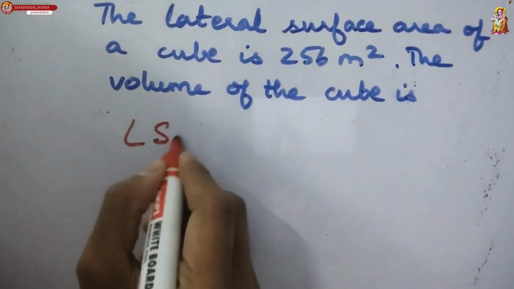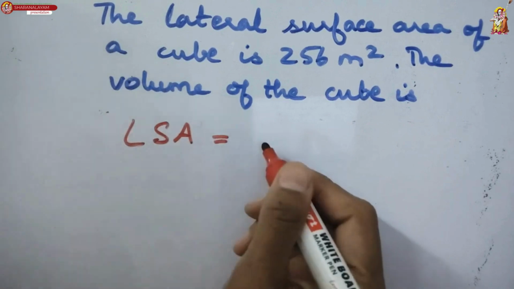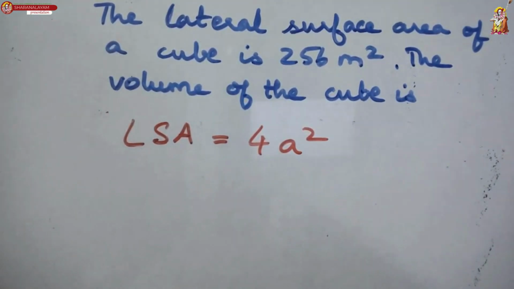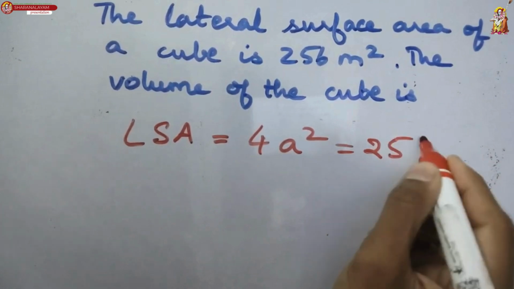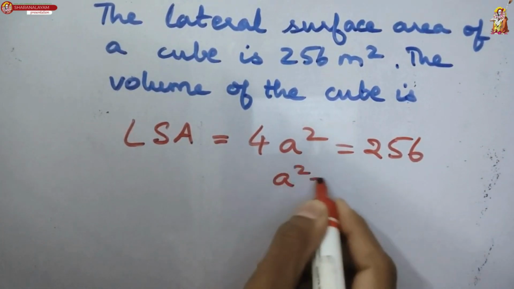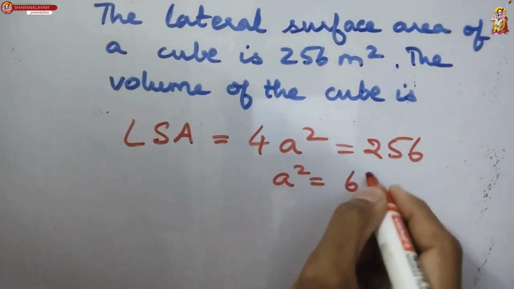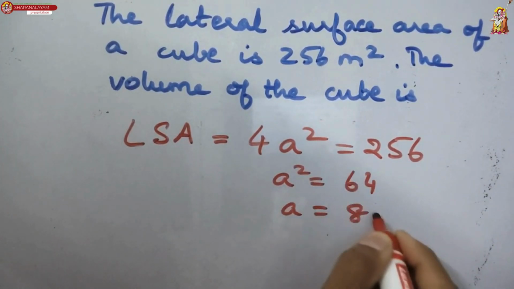So the lateral surface area of a cube, LSA, is 4a square. That's the formula where a is the side length. Now that is given to be 256. So if you solve it, a square will be equal to 256 upon 4, which is equal to 64. So a will be equal to 8 meters.